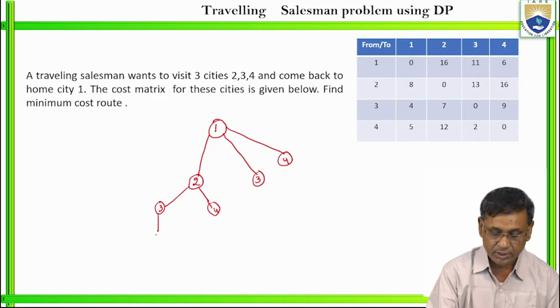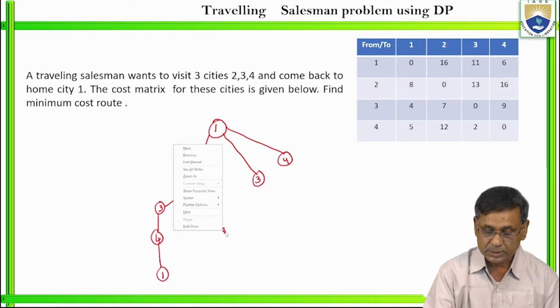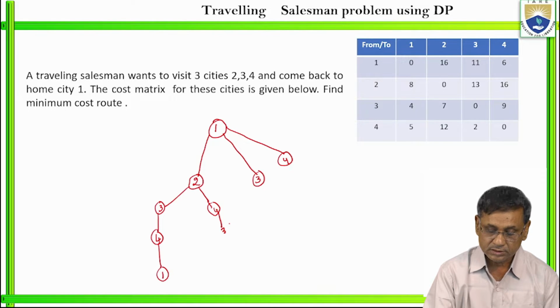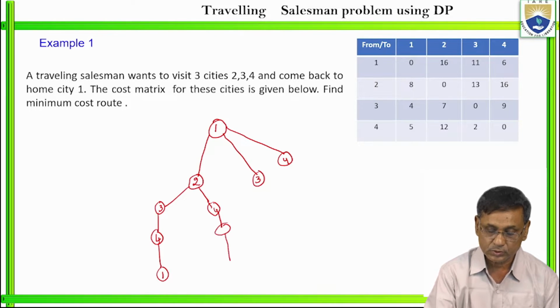From 3, he can go to 4, and then he comes back to 1. From 4, he can go to 3, and then he can come back to 1. So 2, 4, 3 and 1.